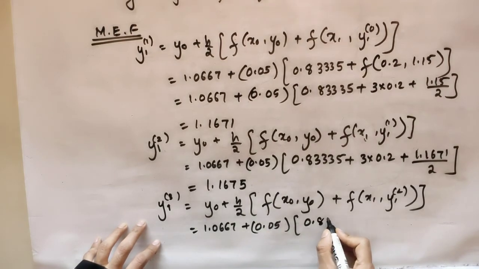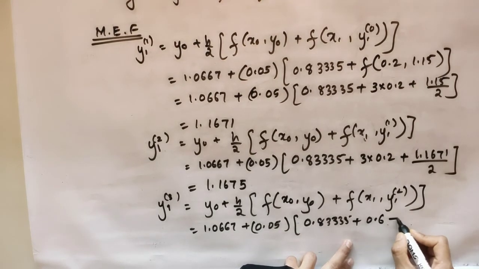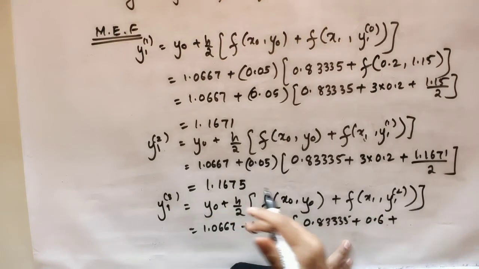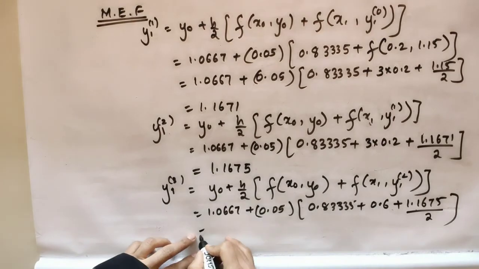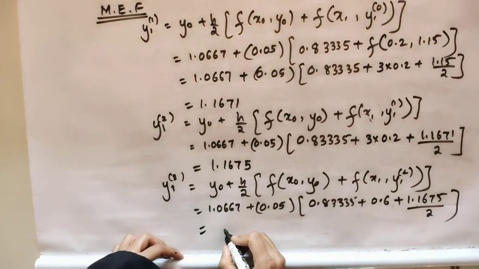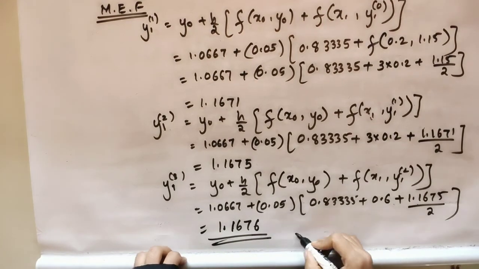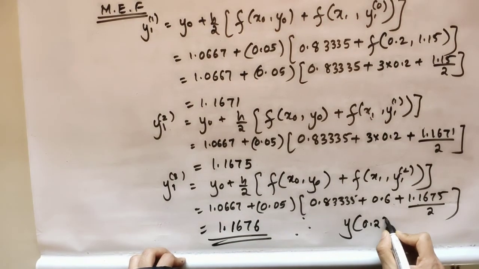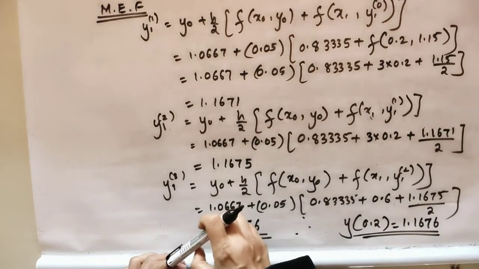So this is 0.8335 plus 3 times x1, which means 0.6, plus the new value for y divided by 2, that is 1.1675 divided by 2. At the end you will end up with 1.1676. Therefore y of 0.2 is equal to 1.1676. This is the required result as asked in the question.